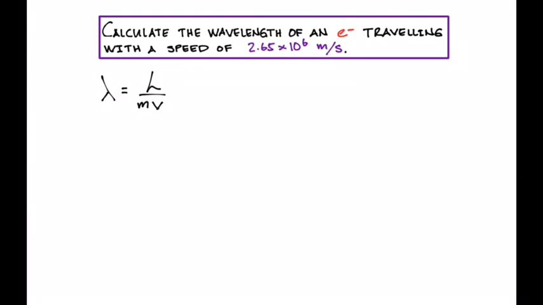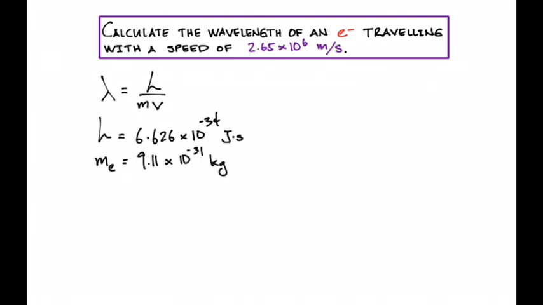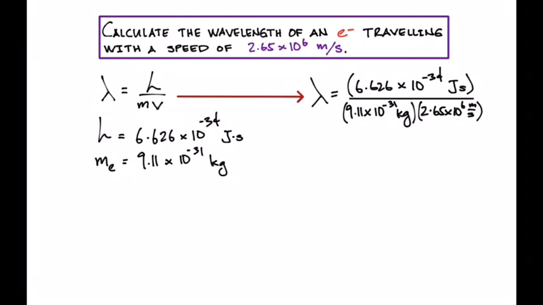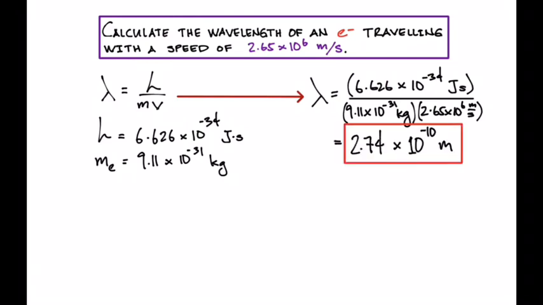We know the mass of the electron, we know the velocity, and we also know Planck's constant. So all you have to do now is plug the values into this equation. When you do that, we get a value of 2.74 times 10 to the negative 10 meter, which is less than 1 nanometer. So that's the wavelength of an electron.